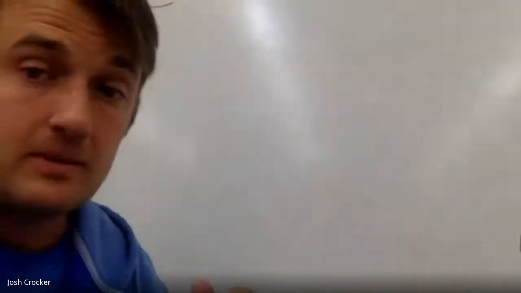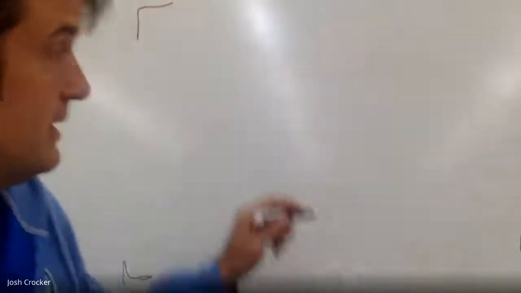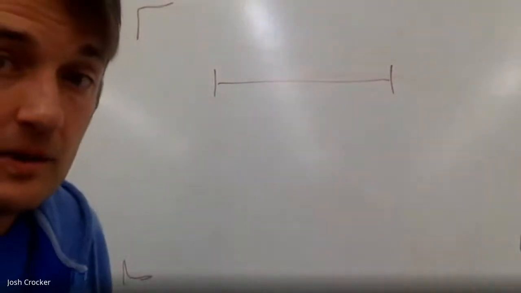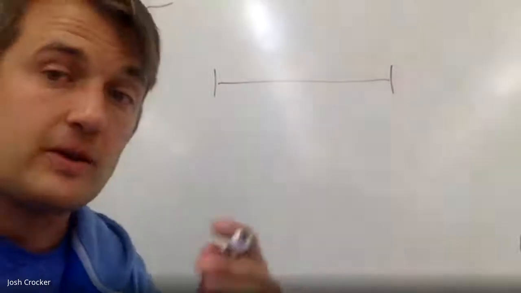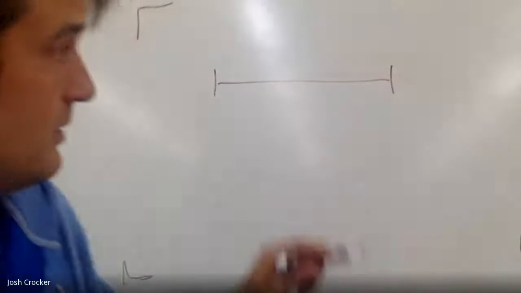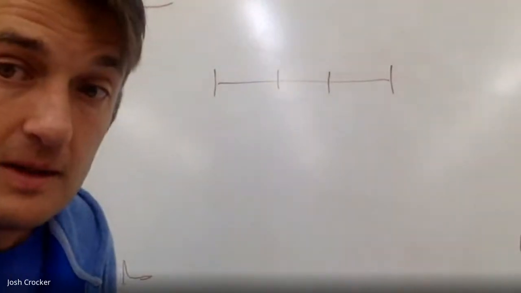Okay, ninths. So when I think 9, I think 3, 3, 3. That's what I think. So here's my number line. I know that I can get to 9 through 3. So I would start with 3. That's 3 pieces.